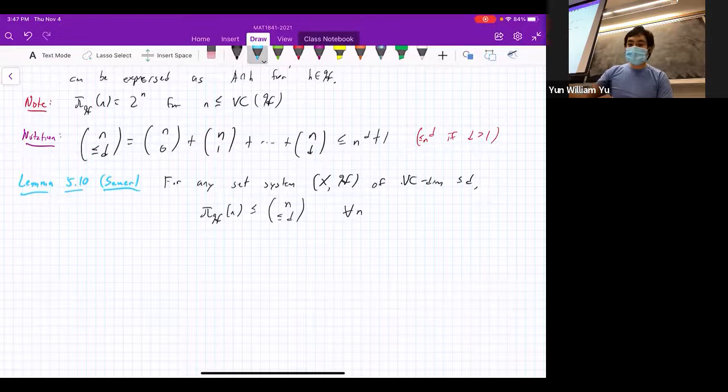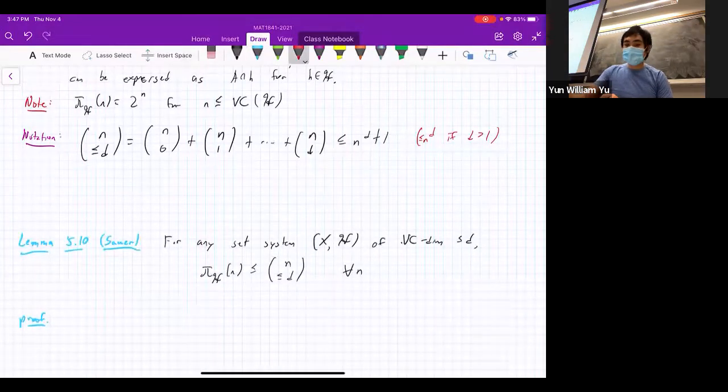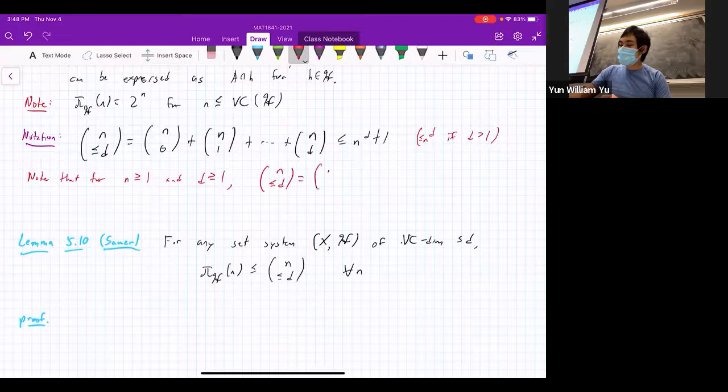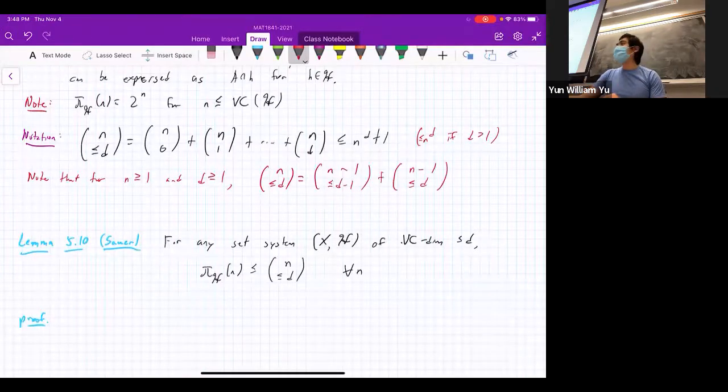Let's go ahead and give a proof. Actually, before I give the proof, let me add a little note here. Note that for n greater than or equal to 1 and d greater than or equal to 1, we know that n choose less than or equal to d is equal to n minus 1 choose less than or equal to d minus 1 plus n minus 1 choose less than or equal to d. Why is this? Because you can consider canonically ordering your set of n elements, and then you ask, am I choosing the first element or not?